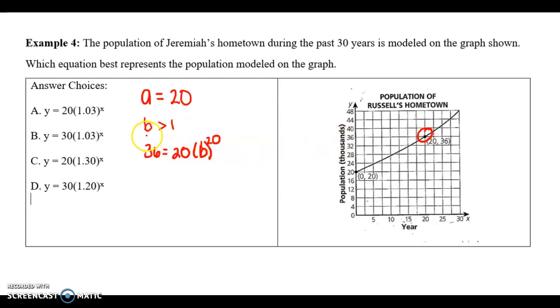So I put my Y here, aka my f of x, and I put my x here from that second point, and that A value that I'd figured out from where my y-intercept is. Okay, and I'm going to solve this.